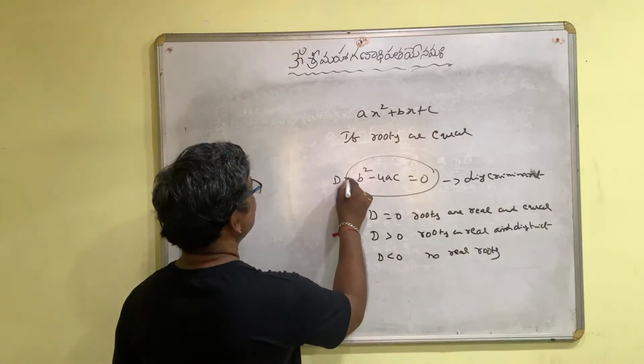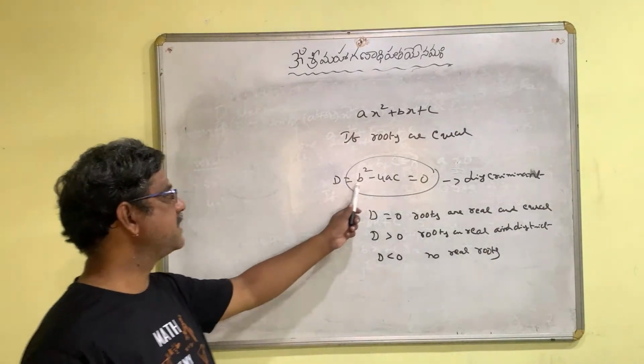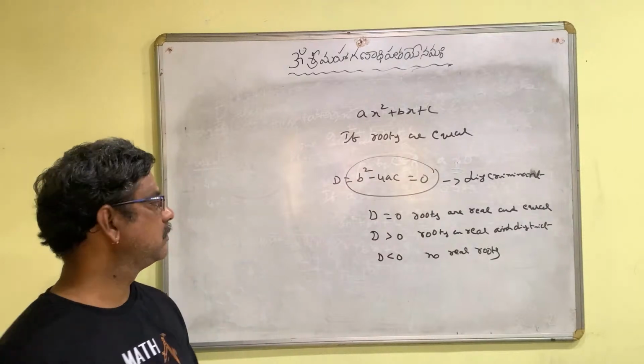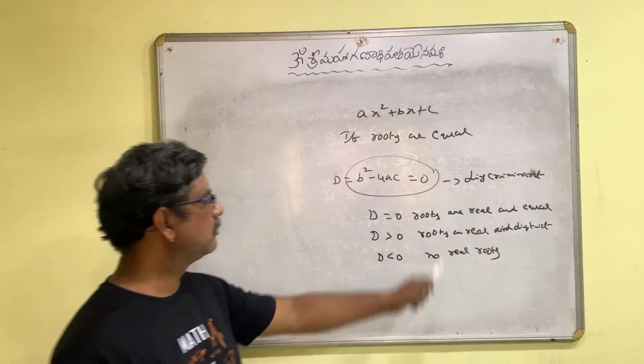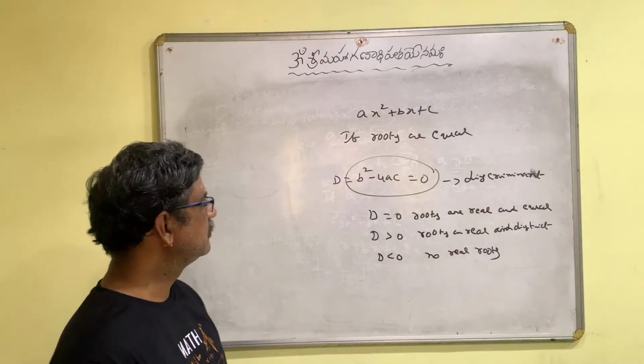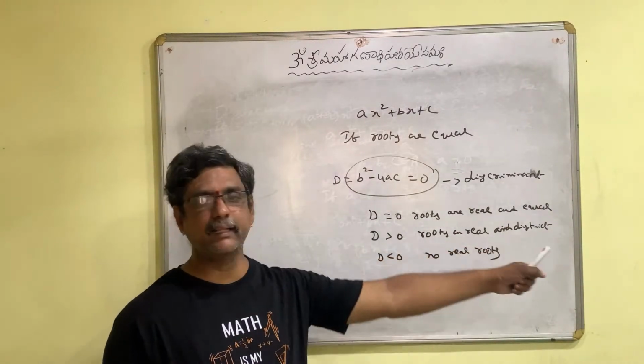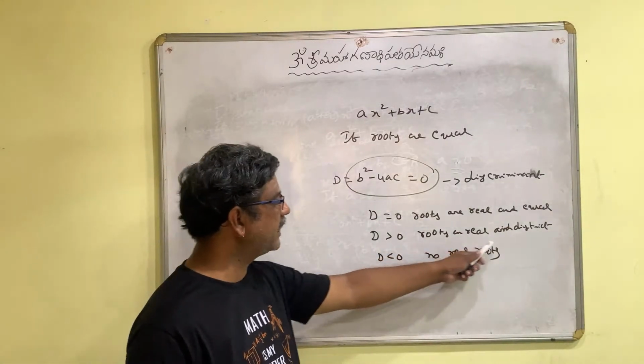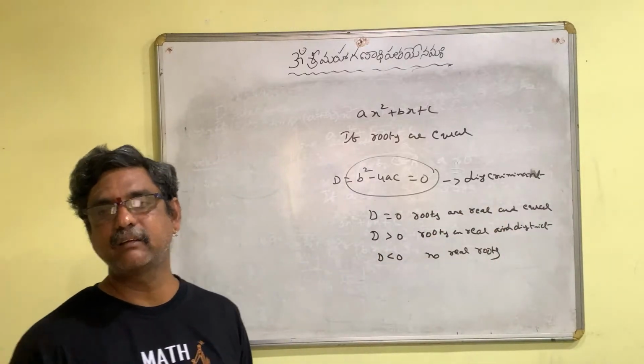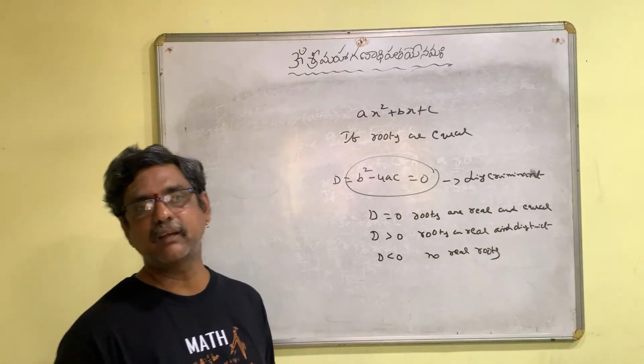This is what we call discriminant. If b square minus 4ac value is equal to 0, roots are real and equal. If it is greater than 0, the roots are real and distinct. Different roots we will get. Both the roots are real as well as they are different.